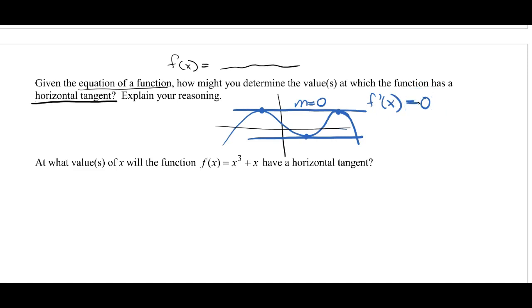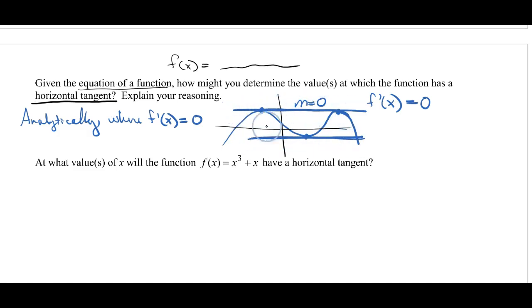So if we needed to find where a function had a horizontal tangent, analytically it would be where the derivative of that function equals 0.